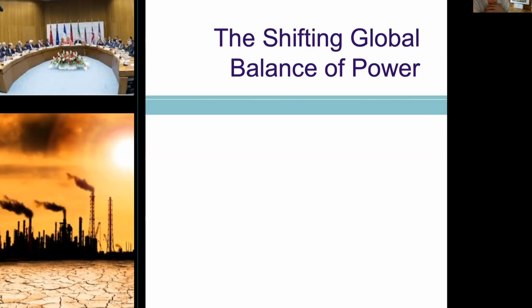This anarchy is a term which describes how countries are in this system on an equal level. That doesn't mean that they are equal, but it means that they depend on their own power, and the power structure within this international system is really describing how governments interact with each other.